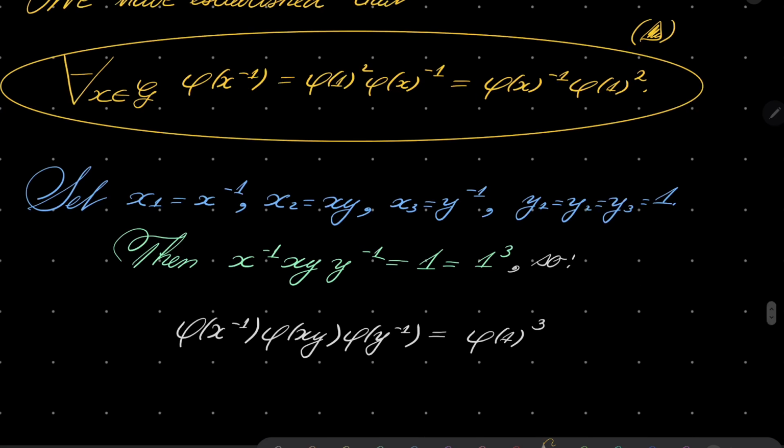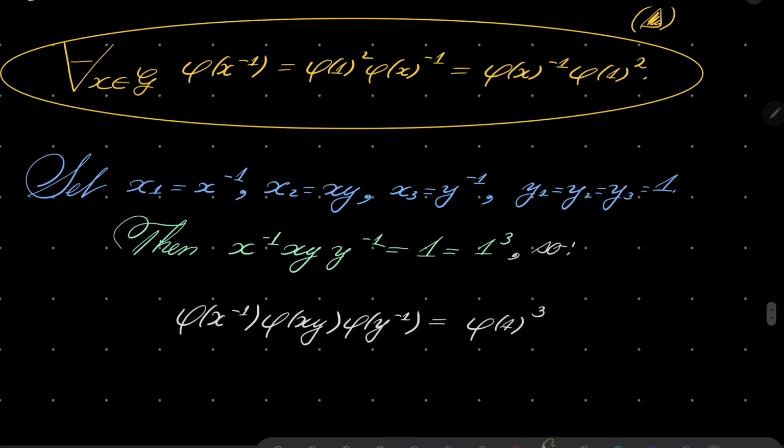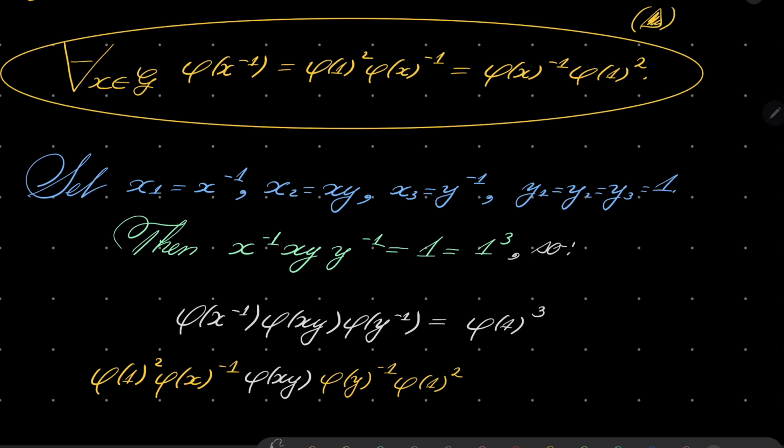First, I will replace this part by phi of 1 squared phi of x inverse, and also I will replace phi of y inverse, but this time I will write phi of y inverse phi of 1 squared.